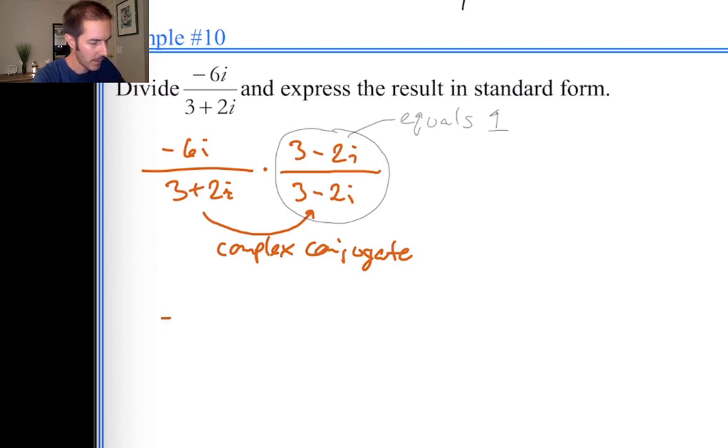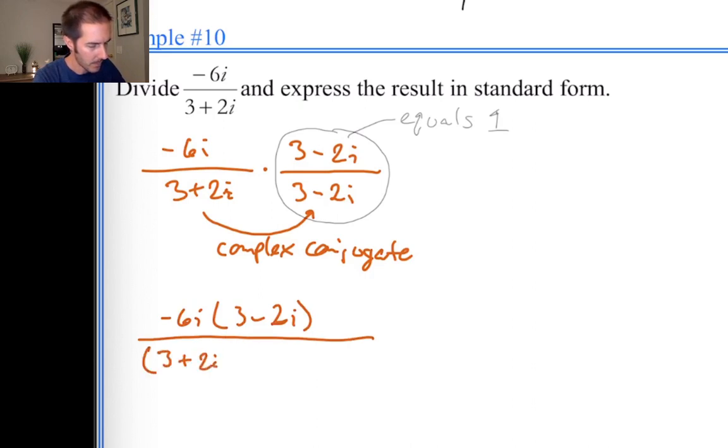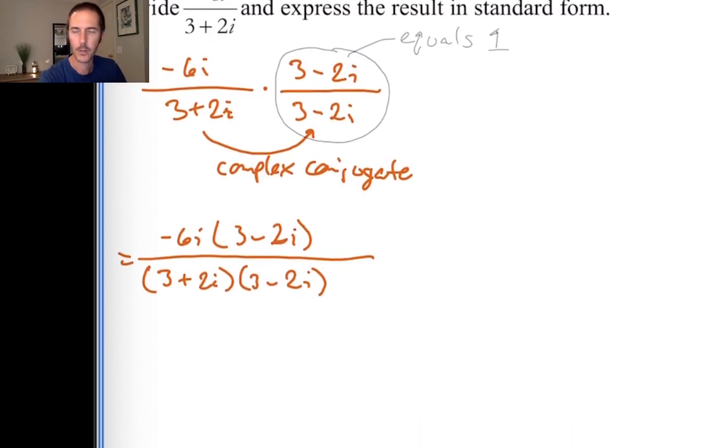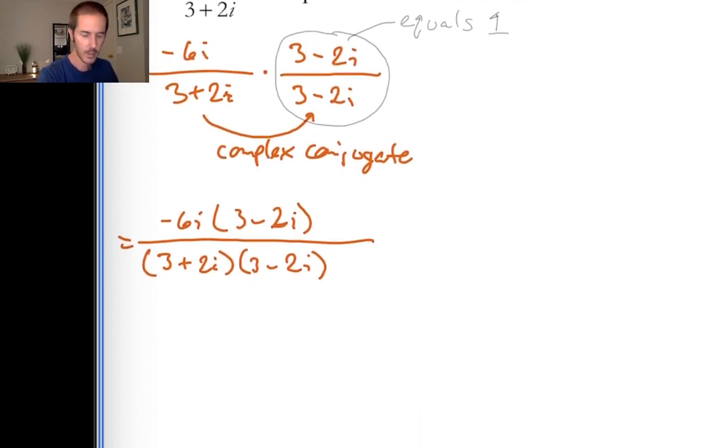Let's write this as negative 6i times the quantity 3 minus 2i, all divided by, and then we'll put these complex conjugates in parentheses. We can put an equal sign to the left of that because those two expressions are equivalent to one another. And then let's multiply. In the numerator, we're going to distribute. In the denominator, we're going to FOIL.